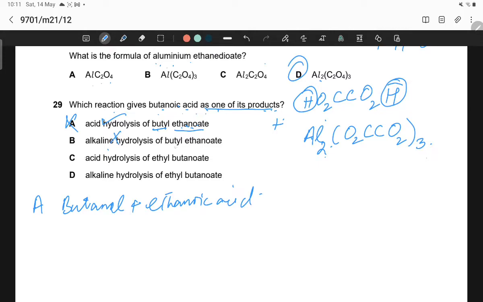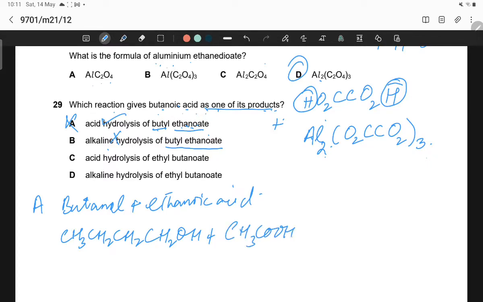Alkaline hydrolysis is incorrect. Butyl ethanoate, this also gives butanol, CH3 CH2 CH2 CH2 OH, plus ethanoic acid, CH3COOH. So acid hydrolysis is correct. This is also incorrect. Ethyl butanoate, this could be correct, because ethyl butanoate is converted into butanoic acid and ethanol.